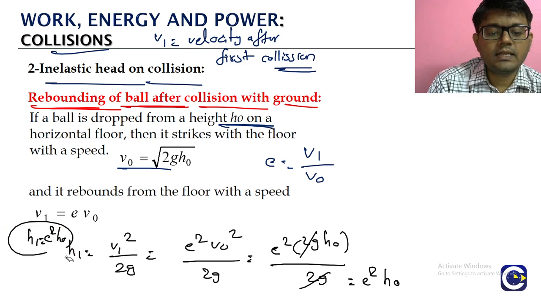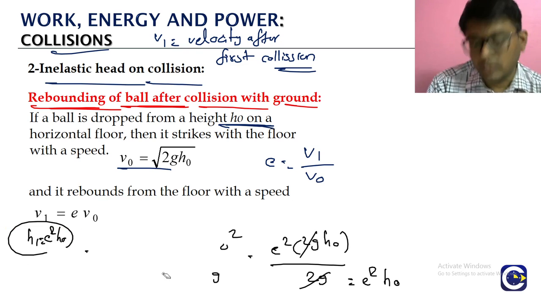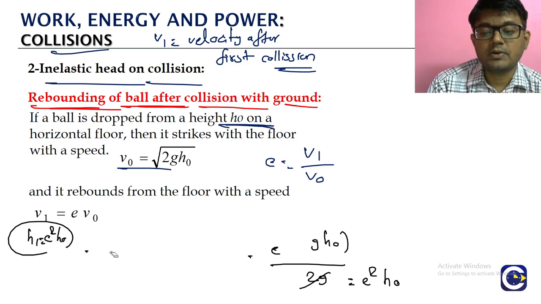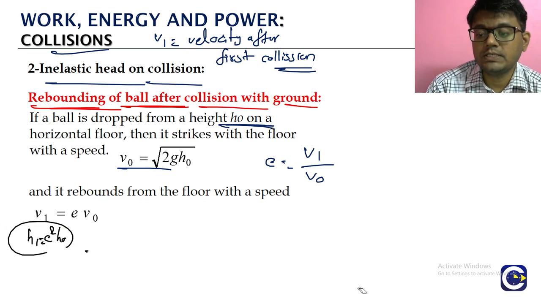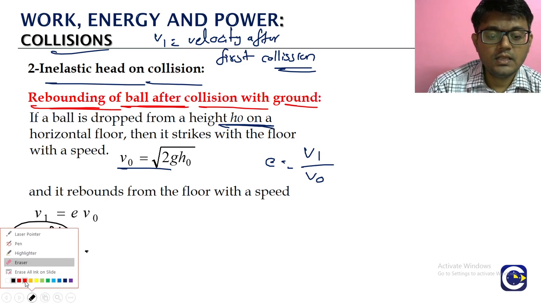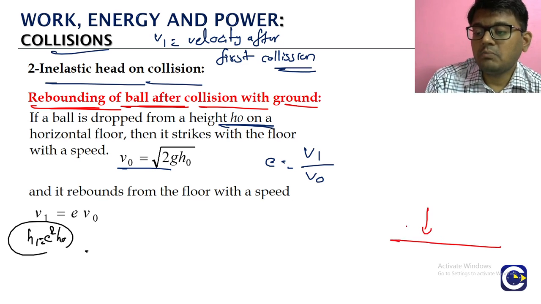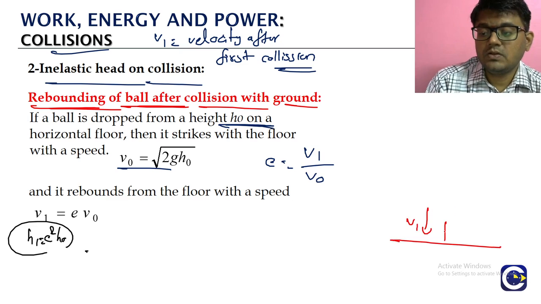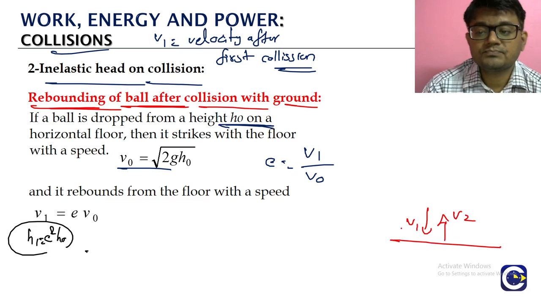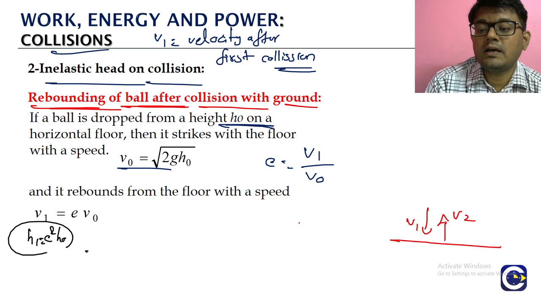Next we look at what will happen after one more collision. Second collision: the ball will be coming down with the velocity v1, and after the collision it will have velocity v2. So what is the relation? e is equal to v2 by v1.